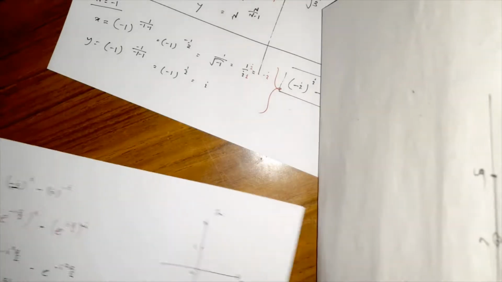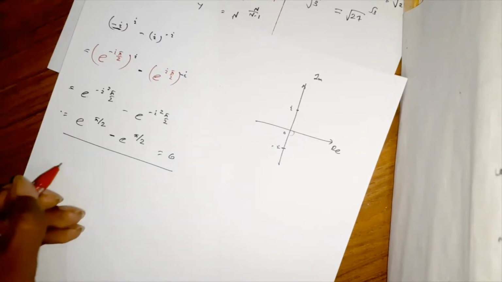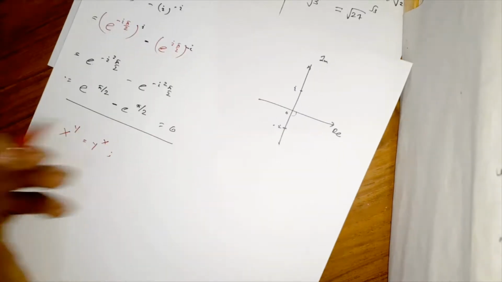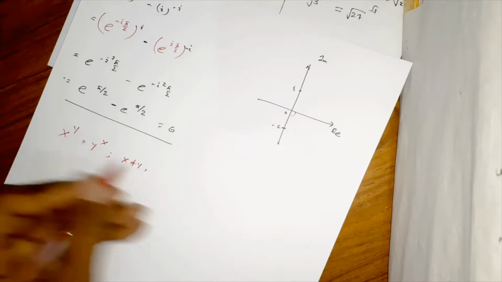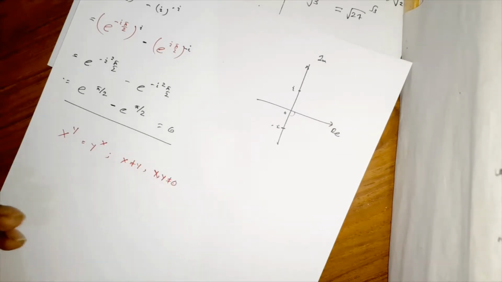So finally let's group our results. X to the power y equals y to the power x, where x and y are not equal and not equal to 0.